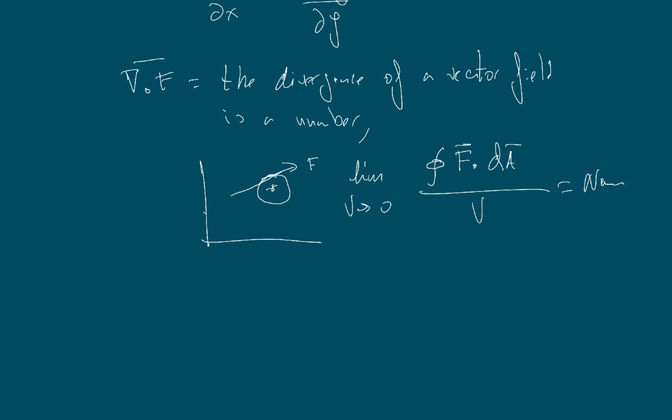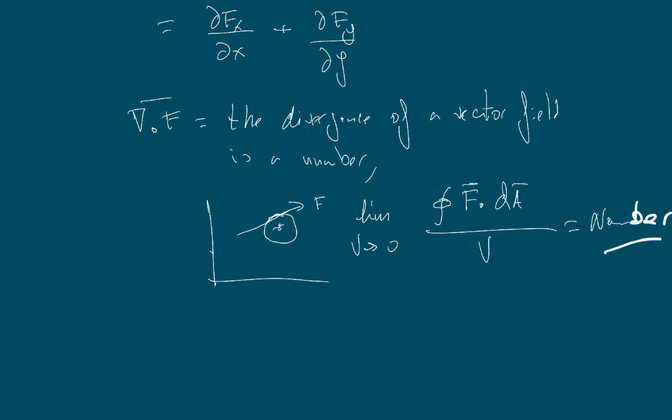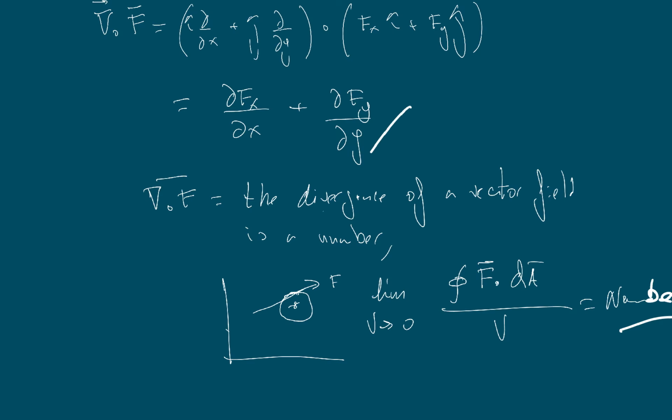So to know the divergence of a field, you simply find the flux of the vector through the sphere, the object that you put its center at the point, and you find the flux per unit of volume when the volume approaches zero. And you expect that this number will approach some number because there is a limit. You expect this to happen. So the expression for the divergence is this one.